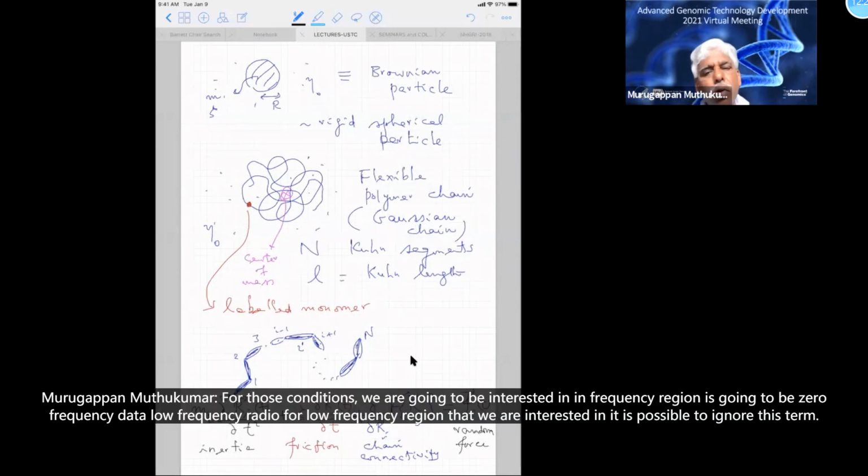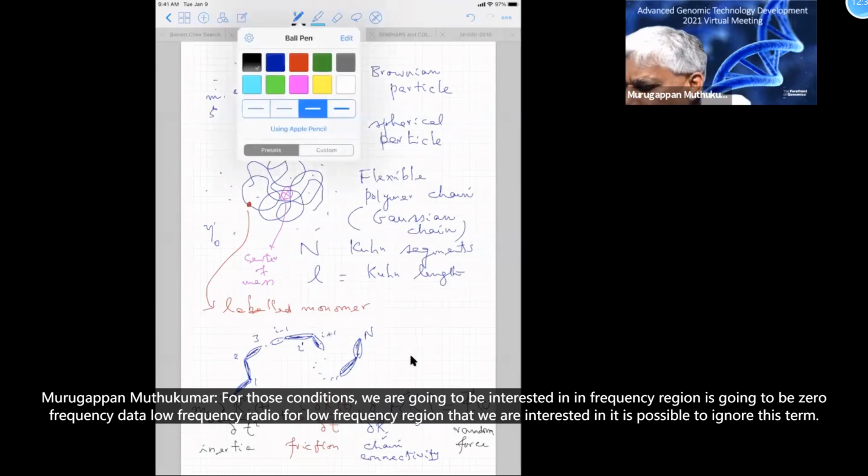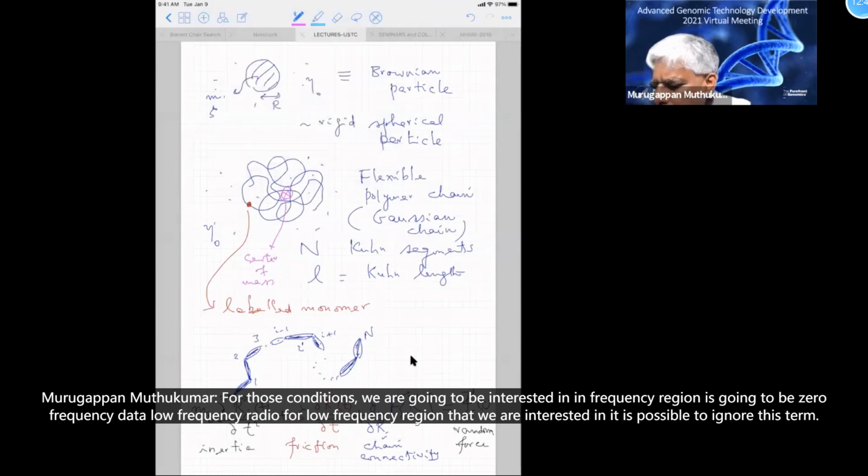For those conditions, we are interested in the low frequency region, near zero frequency. For low frequency regions, it is possible to ignore this term.